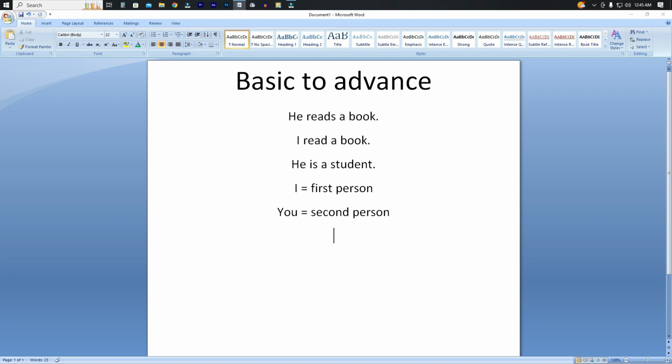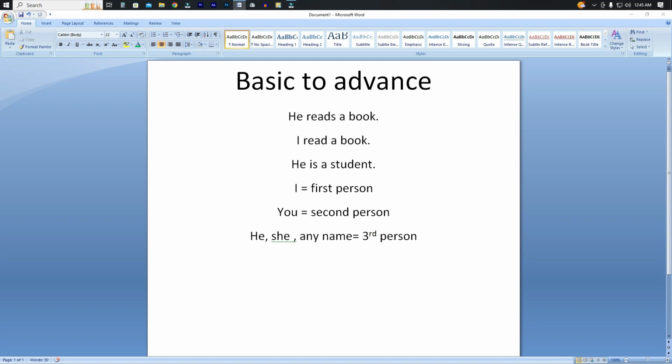So here are some examples of third person: he, she, any name is equal to third person. So we have already known about the person in English grammar. I is equal to first person, and you is equal to second person, he, she, any name is equal to third person.